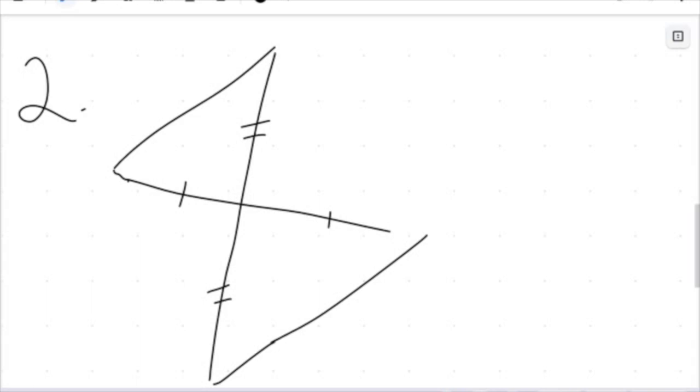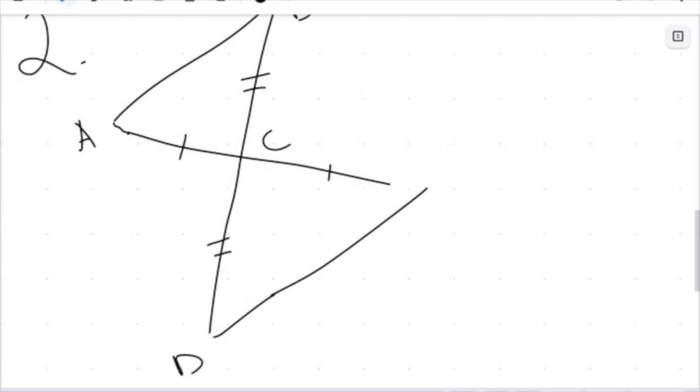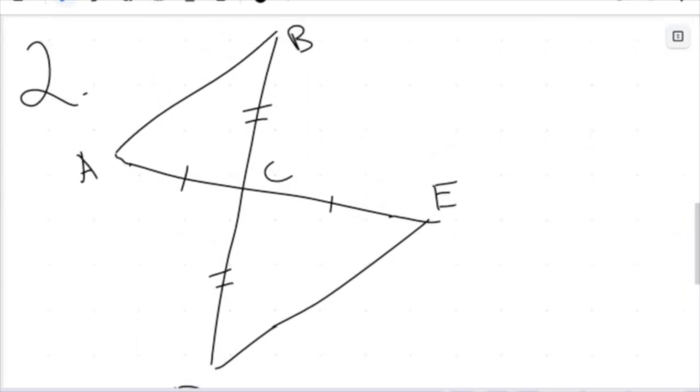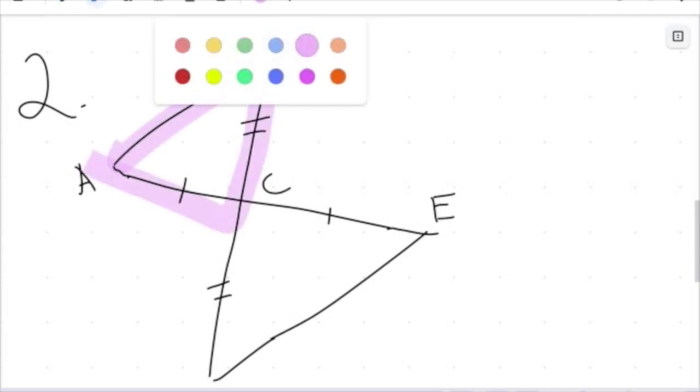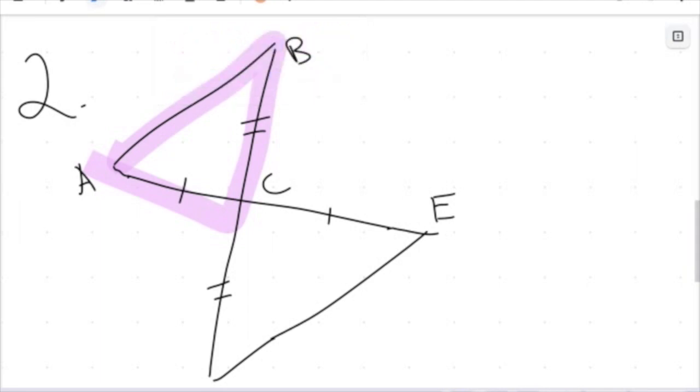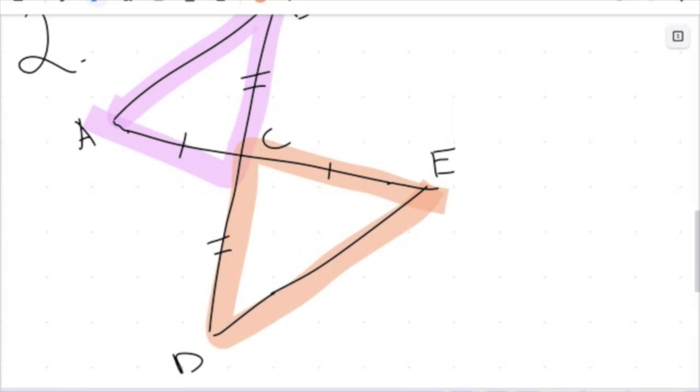Let me just write this out and label everything, and then we are going to try this question. Okay, so I want to first prove that the triangle ABC is congruent to the triangle EDC here.